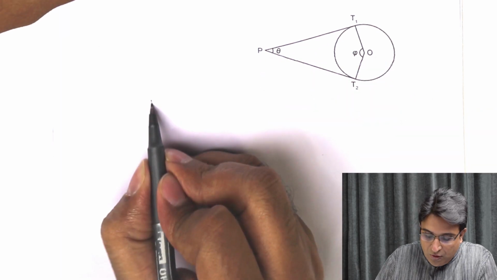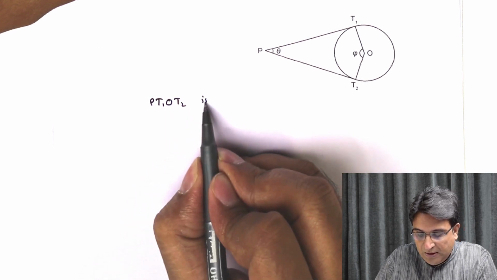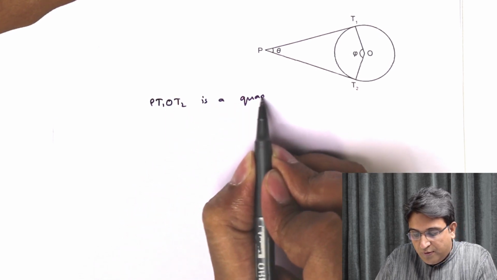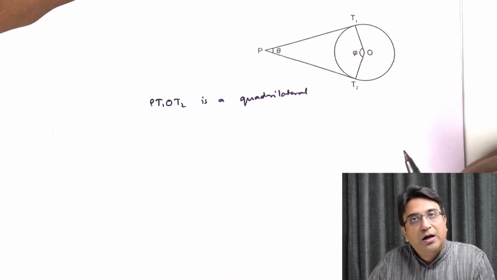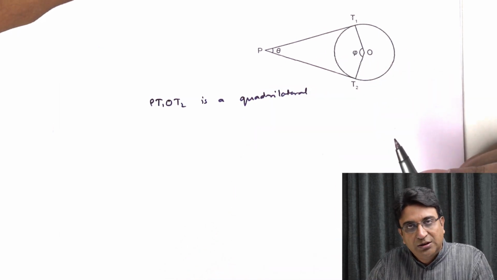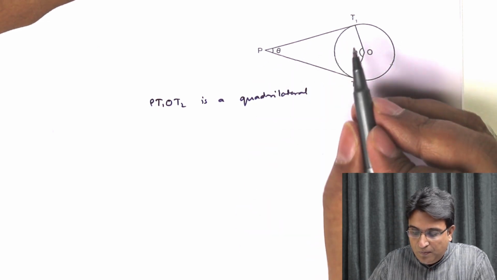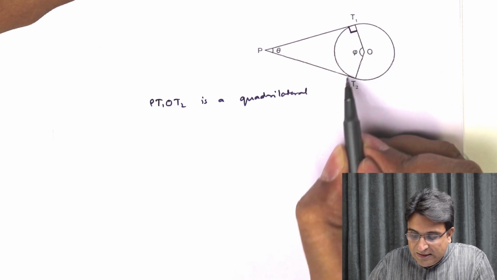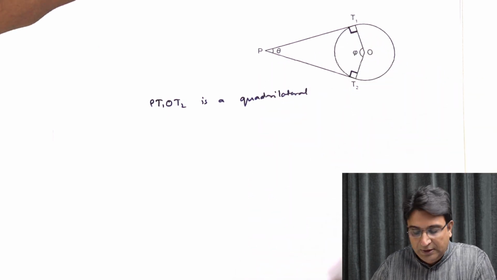So once you have a quadrilateral, you must know that the sum of all the angles in a quadrilateral is 360. Okay, now this angle is 90 and this angle is 90 because tangent is perpendicular to the radius at the point of tangency.